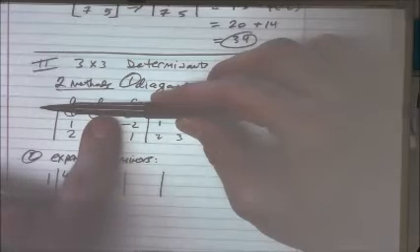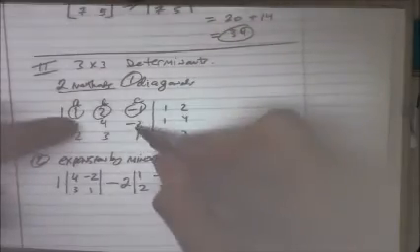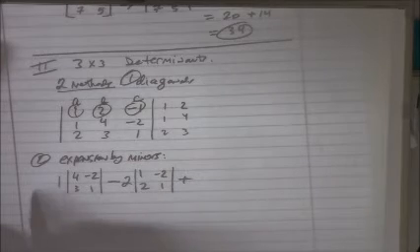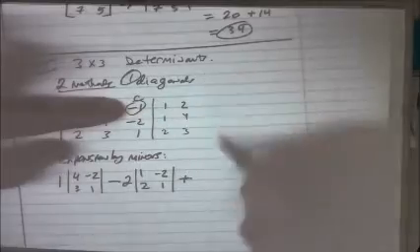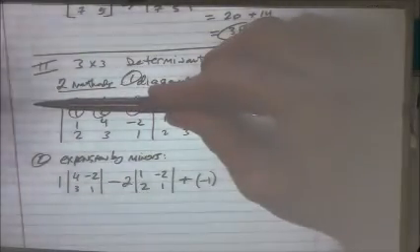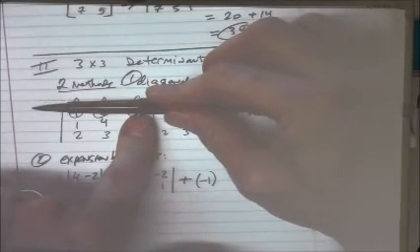The other 4 make up its minor: a 1, a 2, a -2, and a 1. And then we add to it, so this is adding this, subtracting this one, adding this one. But again, we will not use the ones in the same row or the same column. We'll use 1, 4, 2, and 3.